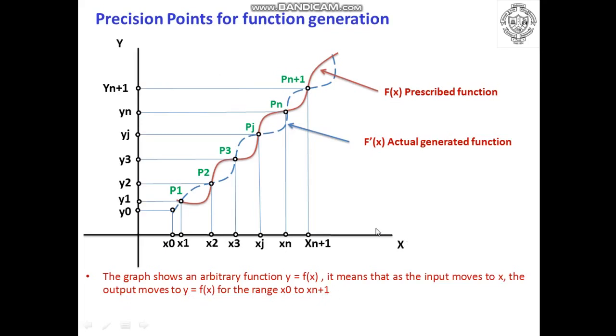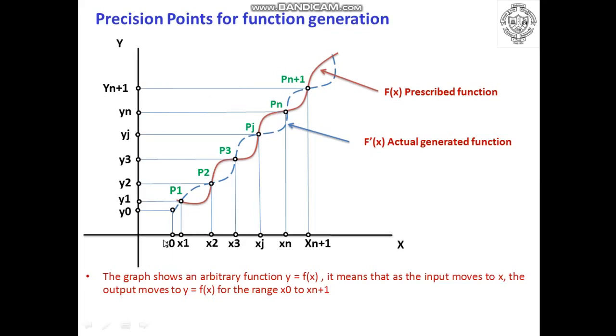So to find the range for x, you consider the initial point of x as x0 and the final point of x as xn plus 1. Similarly, for the range of corresponding y, the initial point is y0 and the final point is yn plus 1.